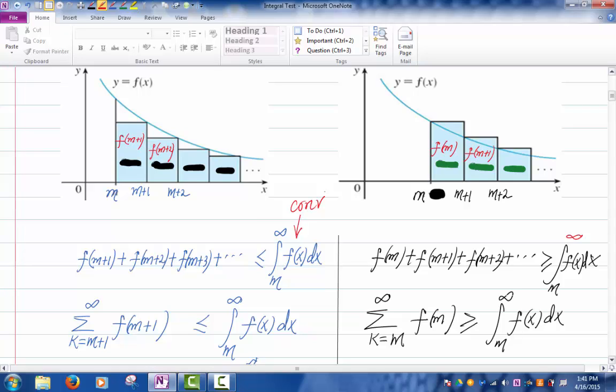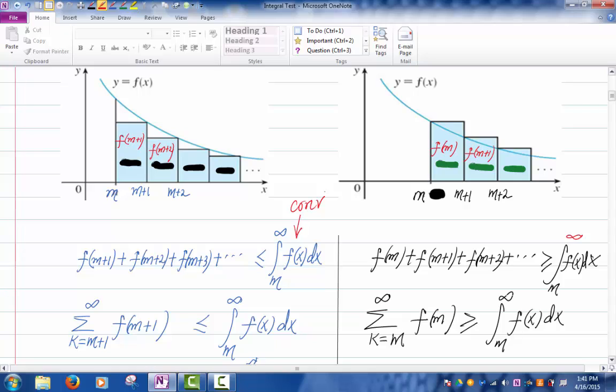On the second subinterval, I have a rectangle where the height is the same as the height of the graph of f at m plus 2. On each subinterval, I am making a rectangle, and the height of each rectangle is the same as the height of the graph at the right endpoint of the subinterval.